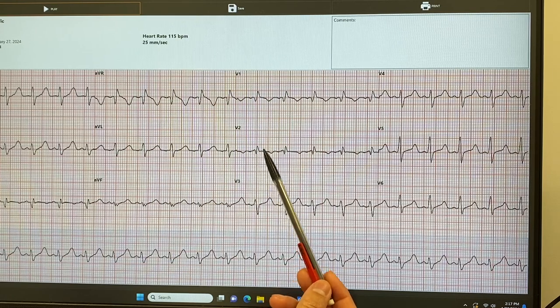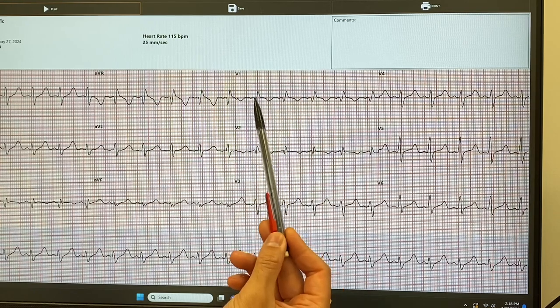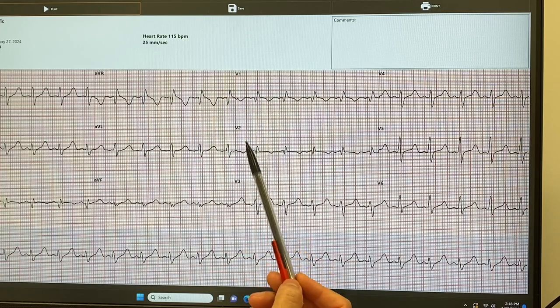P, that's my R. This is normal here, correct? Does it look normal to you? No. What's wrong with it? Because if you split it in half, the P wave is not the same on both sides. It looks more pointed to the right a little bit.